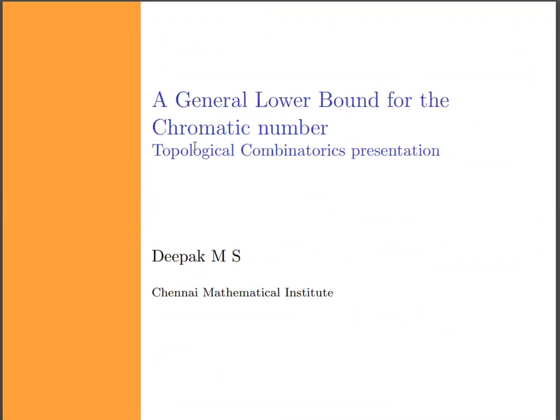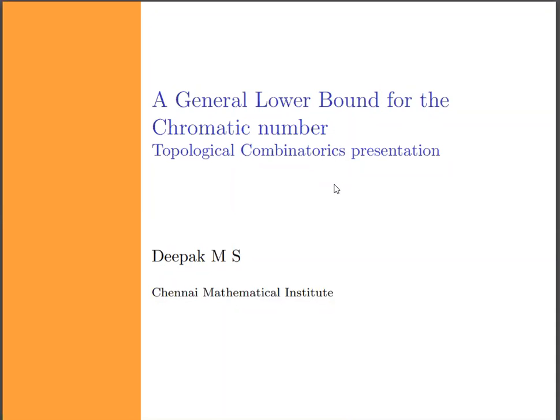Deepak, did you go through the paper by Lovász, the 1978 paper? No. Maybe you should go through that also, because that is the first time this bound was proved, and it is the purely topological proof.